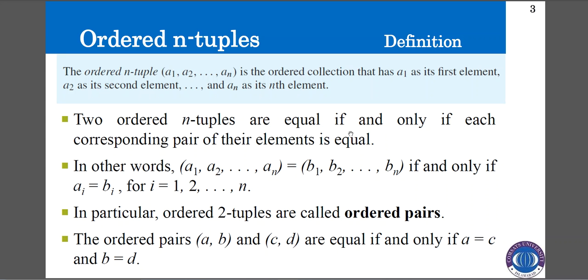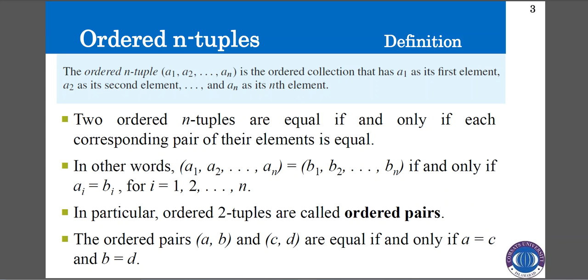In other words, (a1, a2, ..., an) equals (b1, b2, ..., bn) if and only if ai equals bi for i = 1 to n. In particular, ordered 2-tuples are called ordered pairs. The ordered pairs (a, b) and (c, d) are equal if and only if a equals c and b equals d.